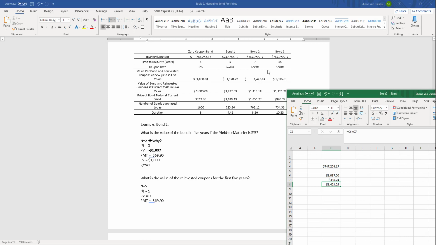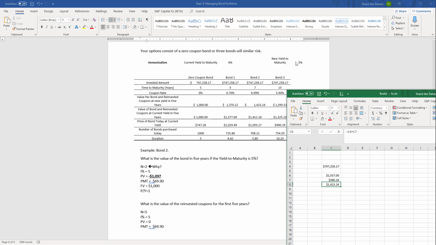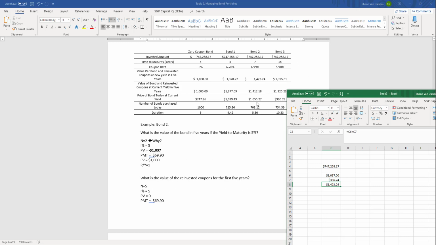So the value per bond in reinvested coupons at the new yield to maturity, 5%, in 5 years. What that means is that this is the value of the bond at year 5, and this is the value of the reinvested coupons at year 5.